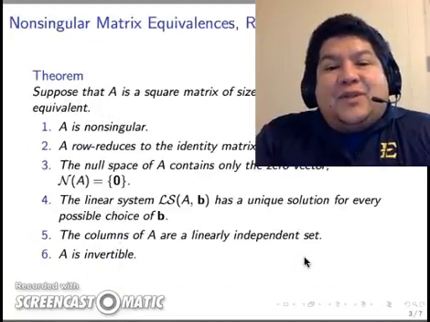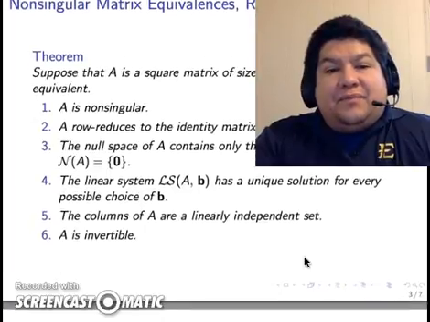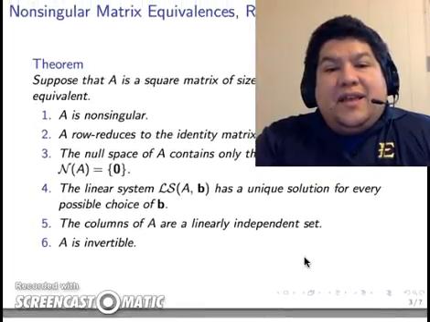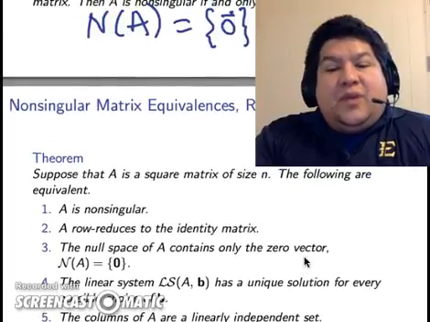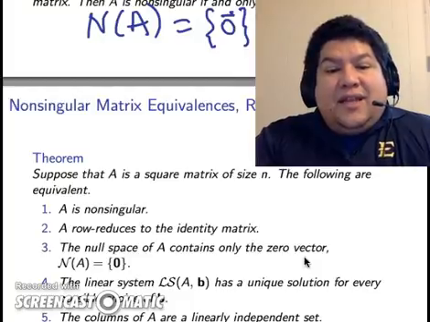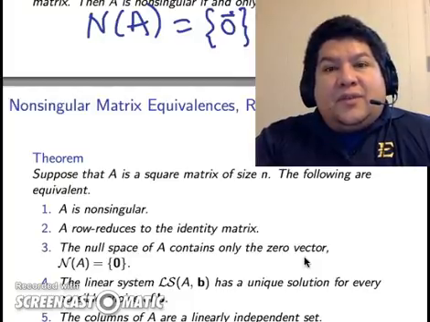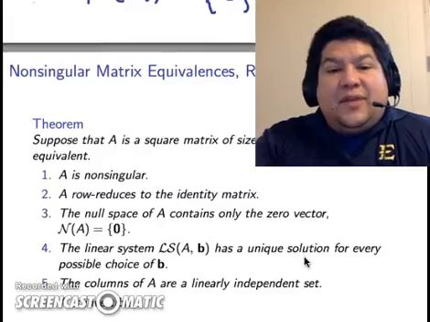Okay, and so here we have the theorem with all the equivalent statements. This theorem tells us, suppose we have a square matrix with n rows and n columns, then all of the following statements are going to be true. Some of these statements we are familiar with, right?